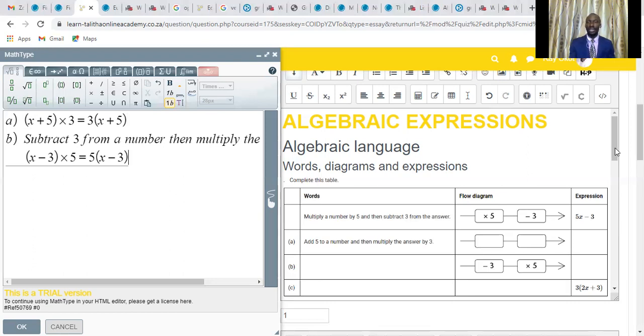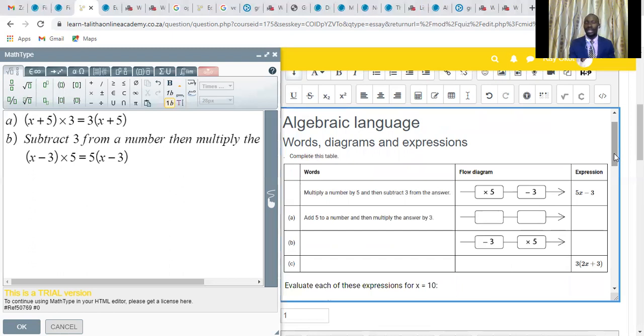Well, we could go ahead and look at part C. Now notice that in part C, we have the expression. And what's the expression? Well, the expression given is 3 times 2x plus 3. Well, let's put it here.